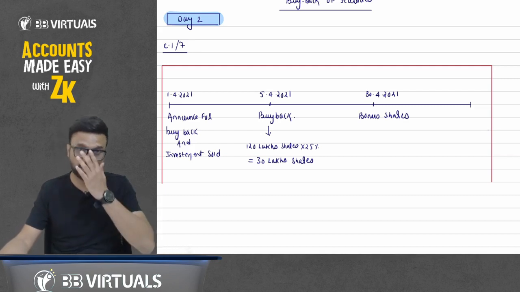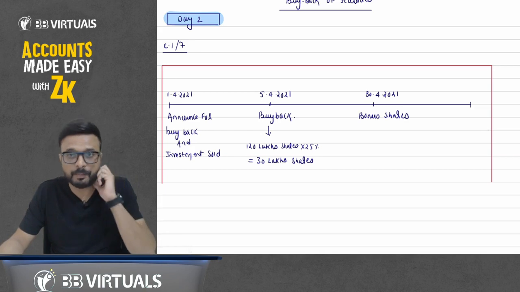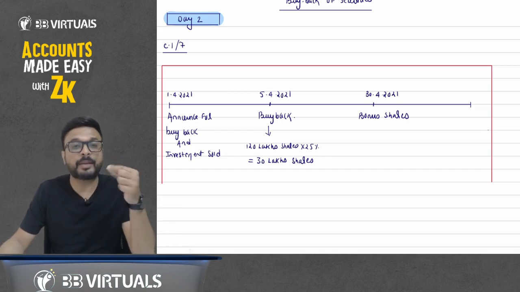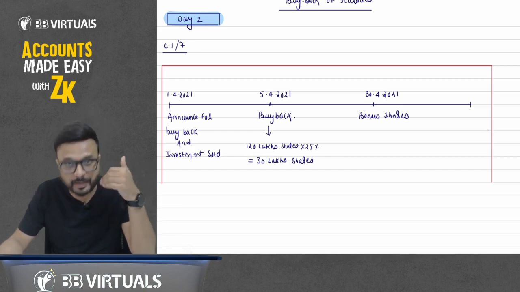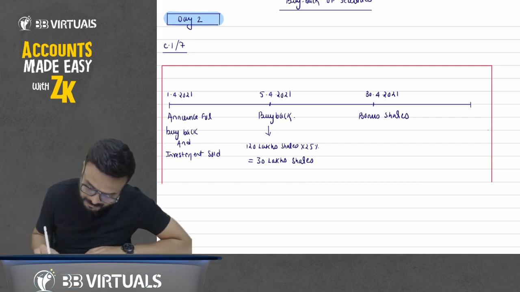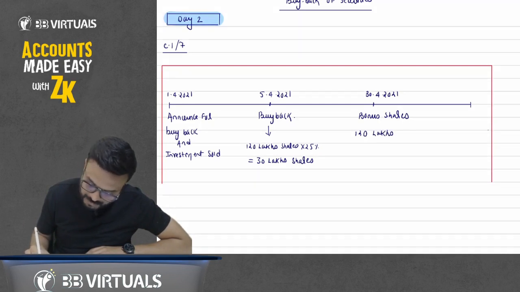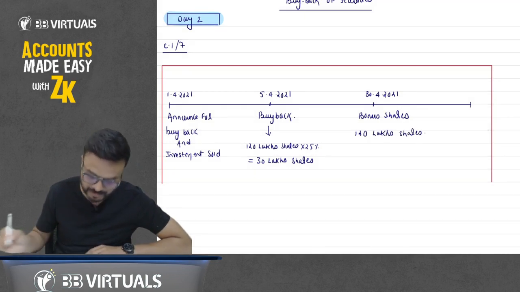Now understand this point. When I am giving you bonus shares, how many shares actually exist? The total number of shares the company had before buyback was 120 lakh shares.